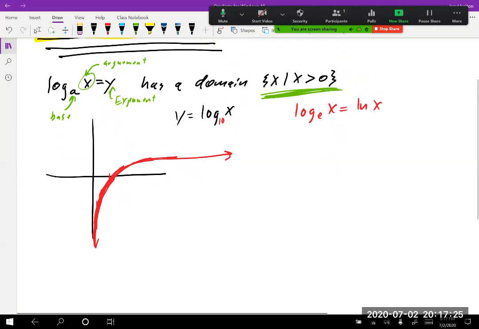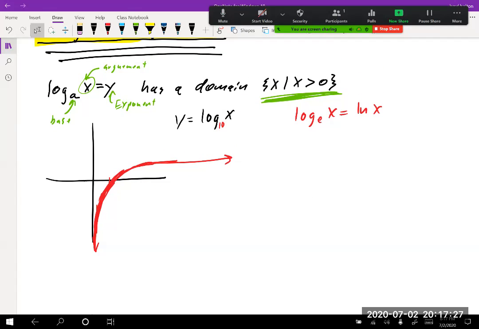So I drew log base 10 of x right here. This is somewhat what it looks like. Now, hopefully you notice that it looks an awful lot like the exponential function, but just going the other way, right? So the exponential function goes like that. And they look like they're reflections across the line y equals x, right?